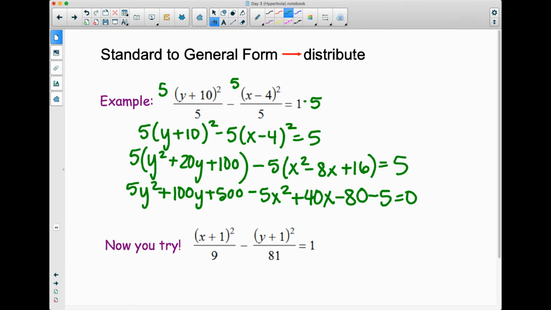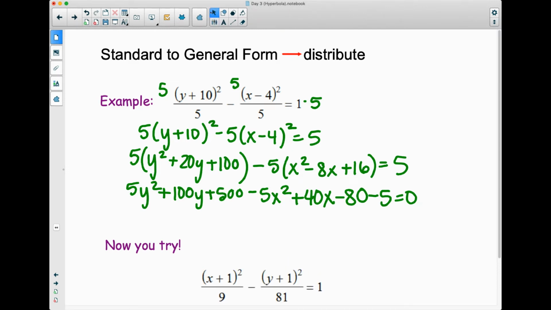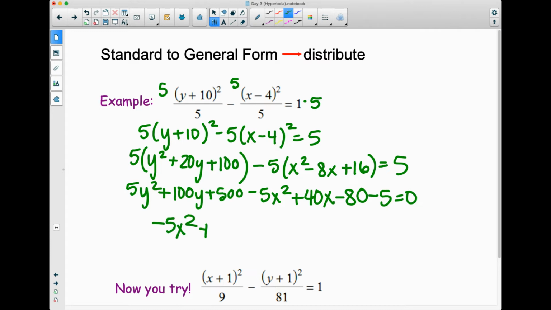All right, so remember, we're still gonna put our x's first, and then our x squared, y squared, then our x, and then our y. So if we have negative 5x squared plus 5y squared plus our 40x plus our 100y plus what? 15.